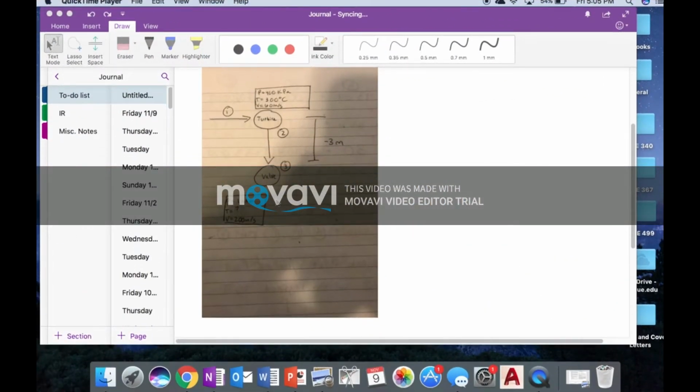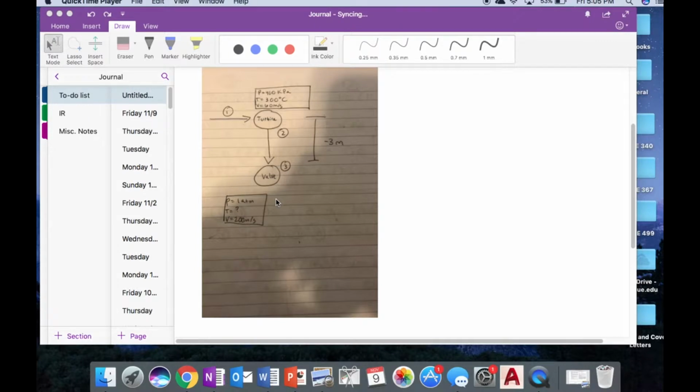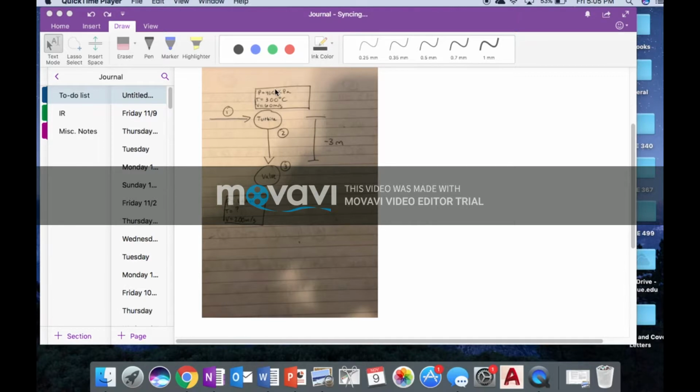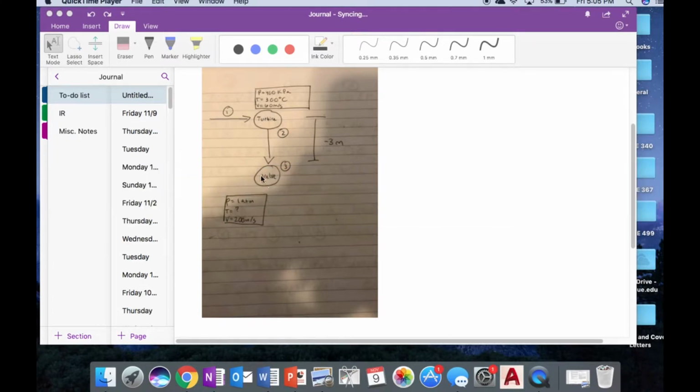So my problem today is to discuss a turbine that takes around 5,000 kilograms an hour of water vapor at a pressure of around 4,000 kilopascals at a temperature of 300 degrees. As you can see right here, I've drawn a diagram of what the system looks like. You have your initial conditions here that should be 4,000 kilopascals, excuse me. At 1 is your entrance to the turbine, 2 is between that and the valve, and 3 is the valve.